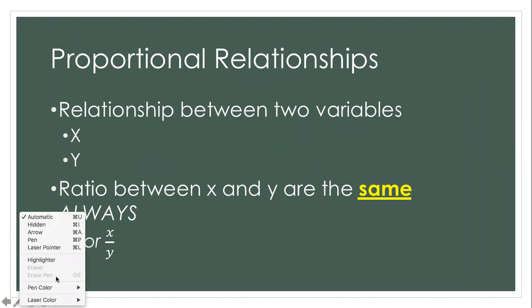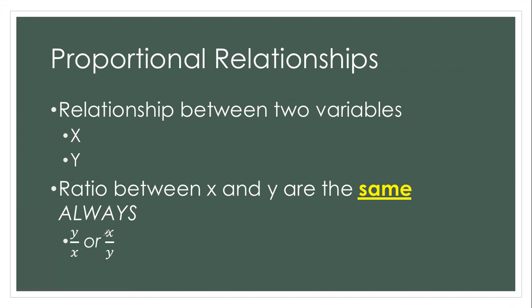So what is a proportional relationship? It's a relationship between X and Y when the ratio between X and Y is always the same. Hopefully you remember ratios between Y and X. So no matter what 2 points I picked on my graph or on a table, they would have the same ratio between Y and X. They would have the same constant rate.